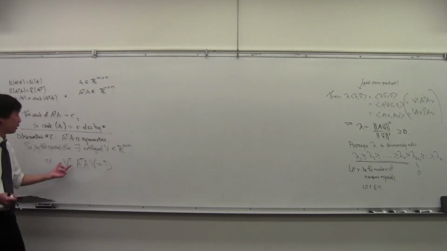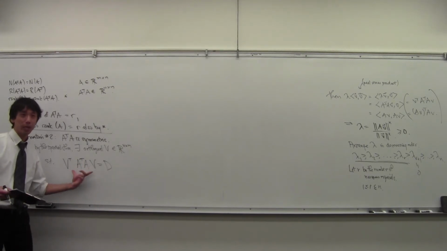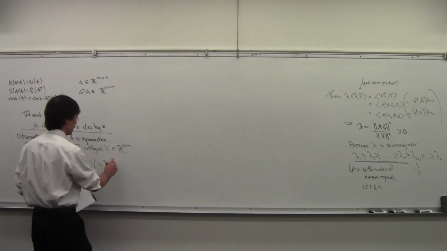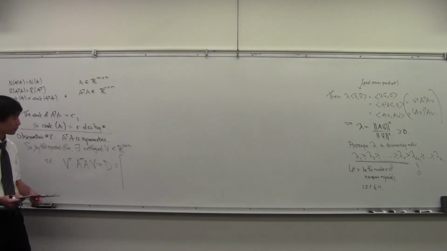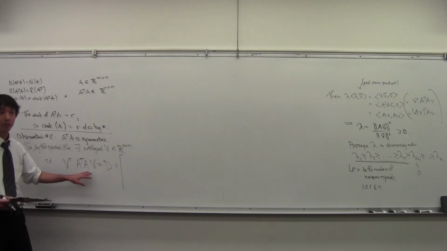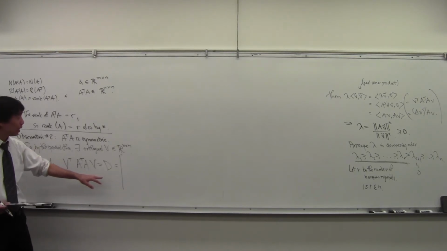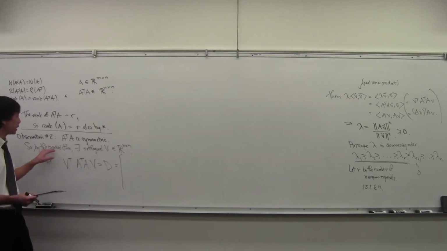So this is symmetric, so it's orthogonally diagonalizable. It's going to be D. What's D going to look like? It's truly diagonal, by the spectral theorem.